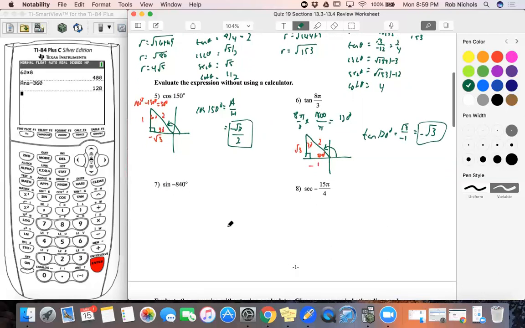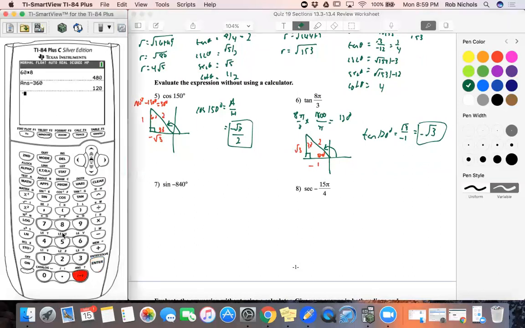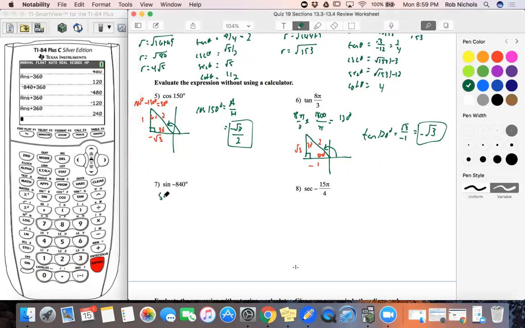Sine of negative 840. Let's add a 360, coterminal angle. Let's add another 360. Let's add another 360. So this is equivalent to the sine of 240 degrees. 240 degrees is in quadrant 3. In quadrant 3, I'll do this one out.